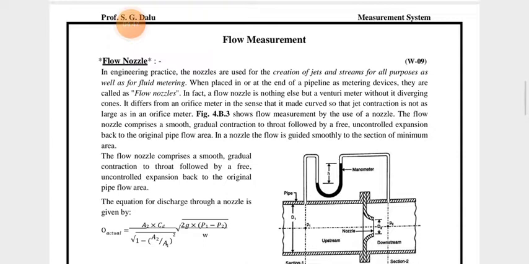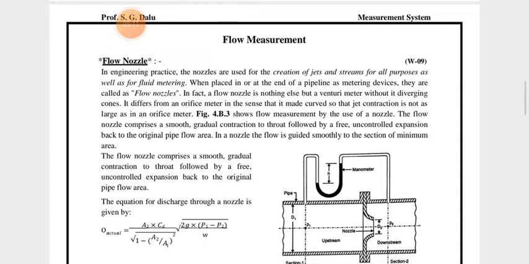In fact, the flow nozzle is nothing else but a venturimeter without its diverging section. Means there is a converging section but there is no diverging section.